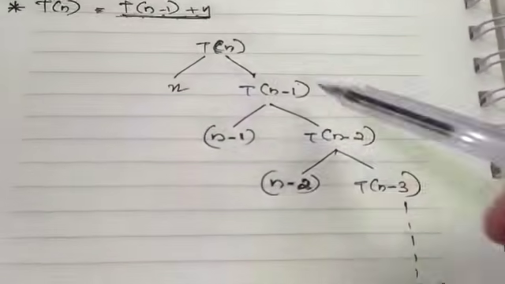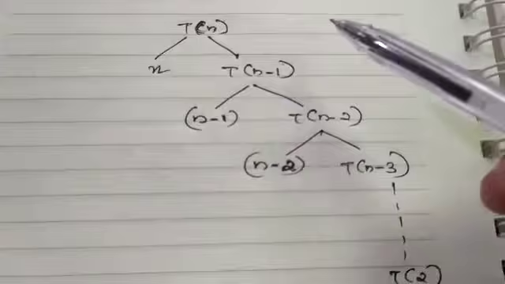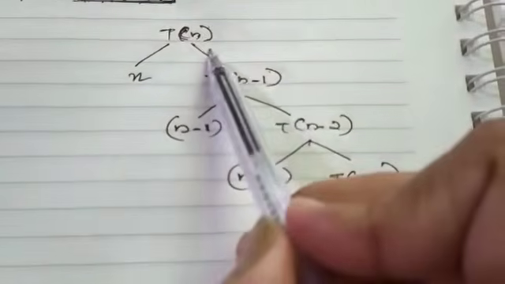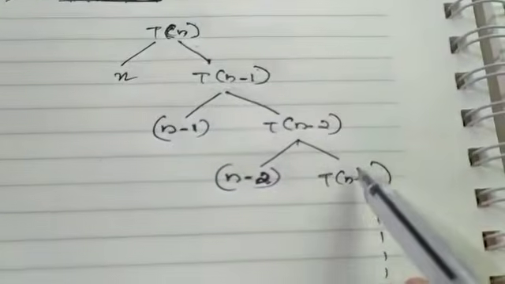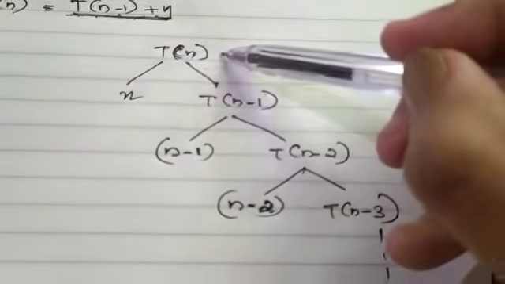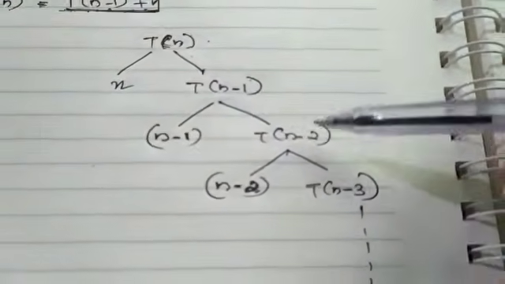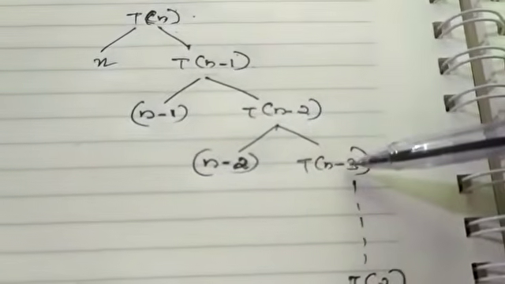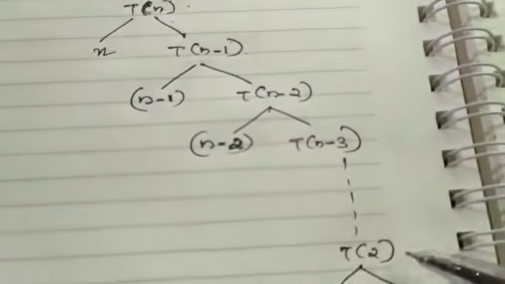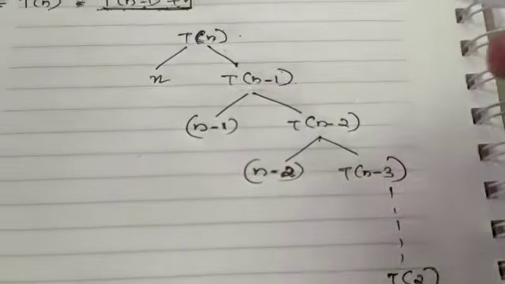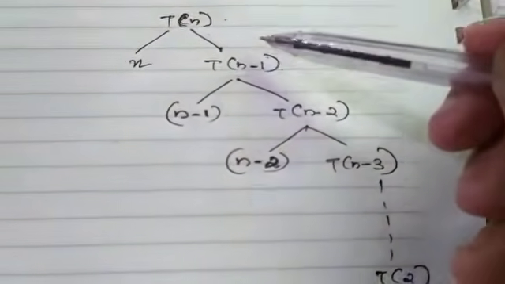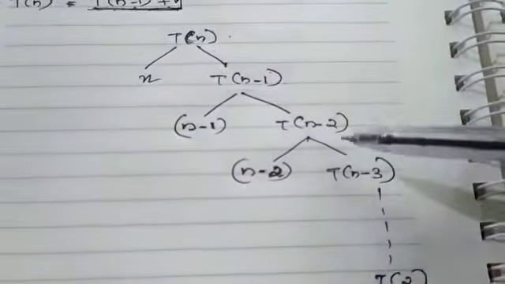From this recursion tree, I can say that the value of T(n) is reducing by 1 in each step. The value of T(n) is reducing by 1 in every step.